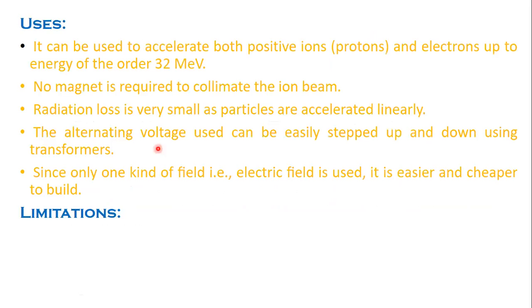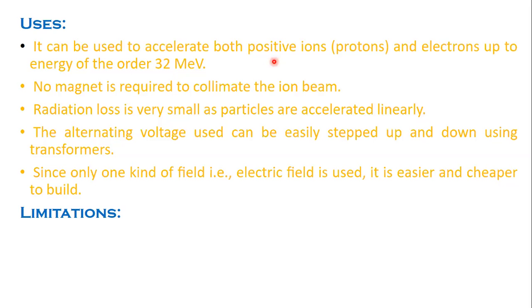Uses. These linear accelerators can be used to accelerate both positive ions and electrons up to 32 mega electron volt. This is a very important application of these accelerators. By using a linear accelerator, you can accelerate both types of charged particles, but you cannot accelerate neutral particles.